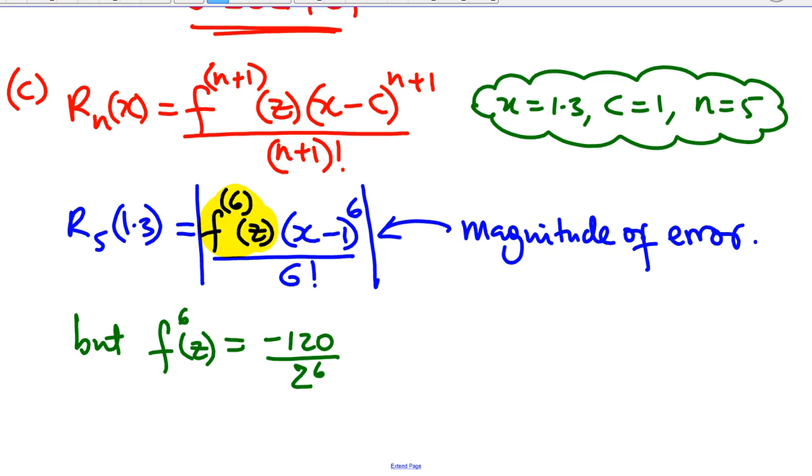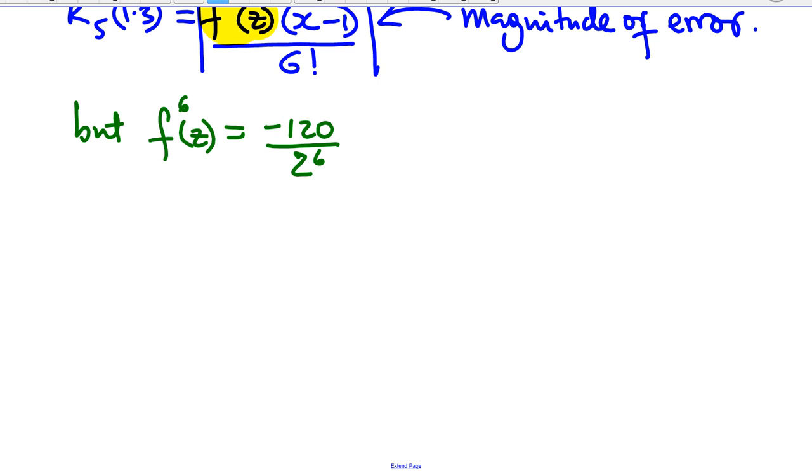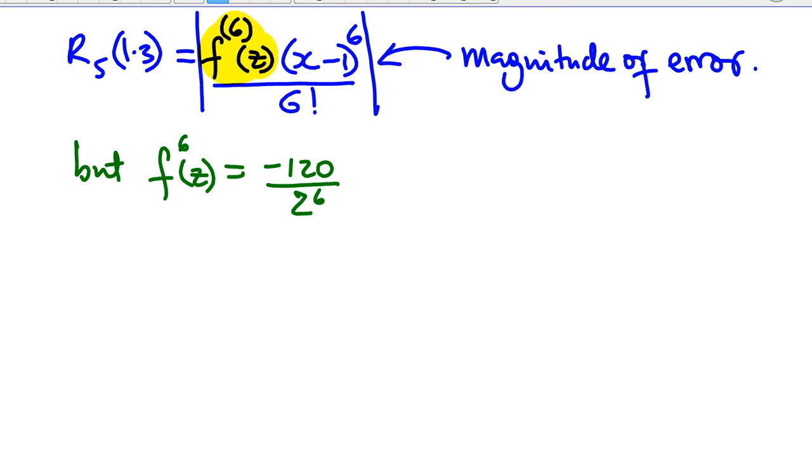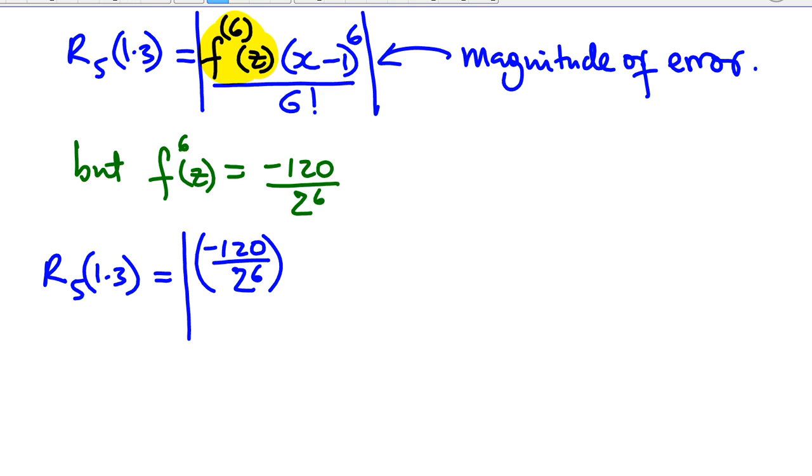So our formula will be: R at 1.3 will be equal to the absolute value of negative 120 over z to the power 6 multiplied by (x minus 1) to the power 6 over 6 factorial.